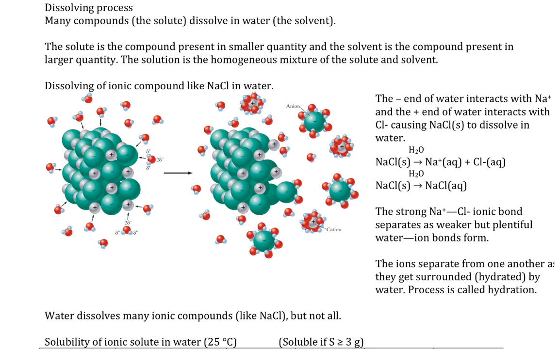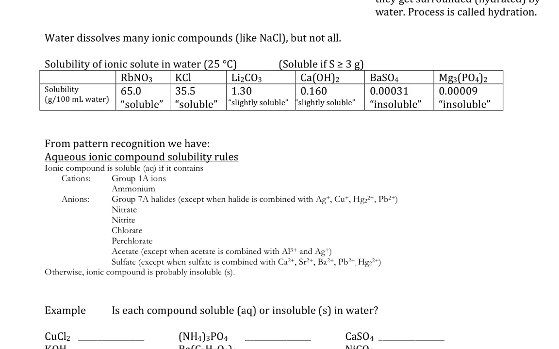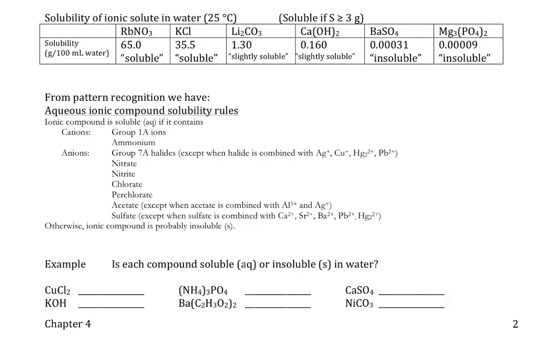Water dissolves many ionic compounds, such as NaCl, but not all. Here's some ionic compounds and their solubility in water at 25 degrees Celsius. So we have RbNO3, and what that 65.0 represents is the grams of that solute that would dissolve per 100 mLs of water.